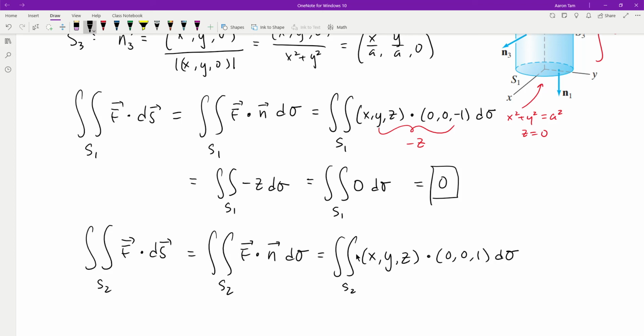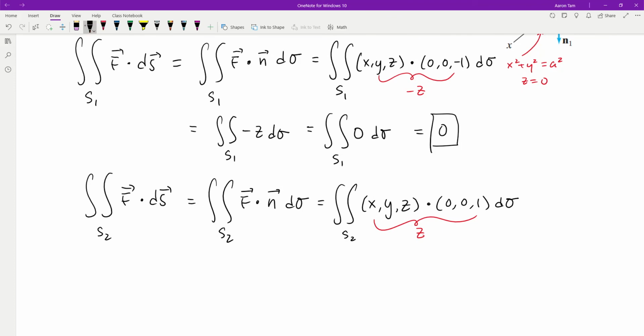So what does this dot product come out to be? Well, it just comes out to be z. Therefore, it's just the integral over S2 of z d sigma. But for S2, z is a fixed value b. So it just becomes this, and since b is a constant, I'm going to pull that out.